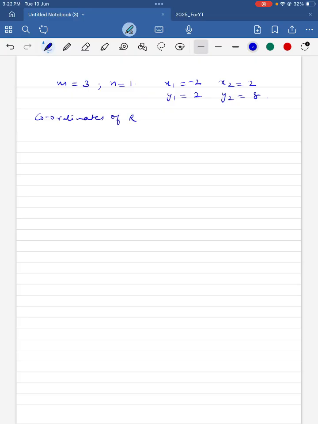Coordinates of R is equal to m into x2, which is 3 into 2, plus n into x1, which is -2, divided by m plus n, comma 3 into y2, which is 8, plus 1 into y1, which is 2, divided by 3 plus 1. So that's equal to (6 minus 2) divided by 4, comma (24 plus 2) divided by 4.